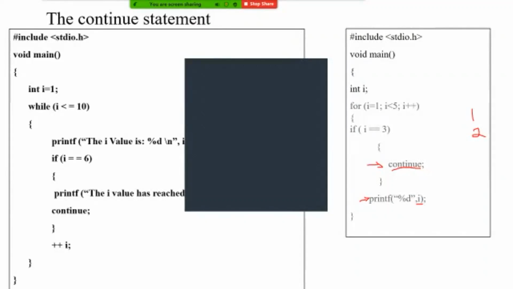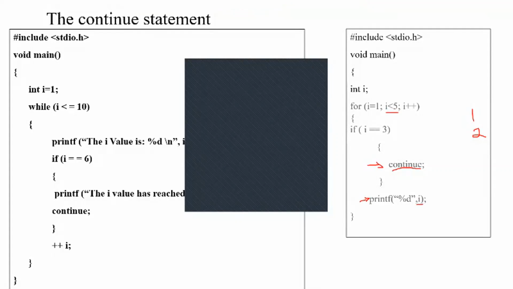Then here we have given I until I less than 5, I plus plus. So which values will be printed using this printf statement? Can you explain? Just he gave, I think, 1, 2. Your answer is correct, but you are not telling why.